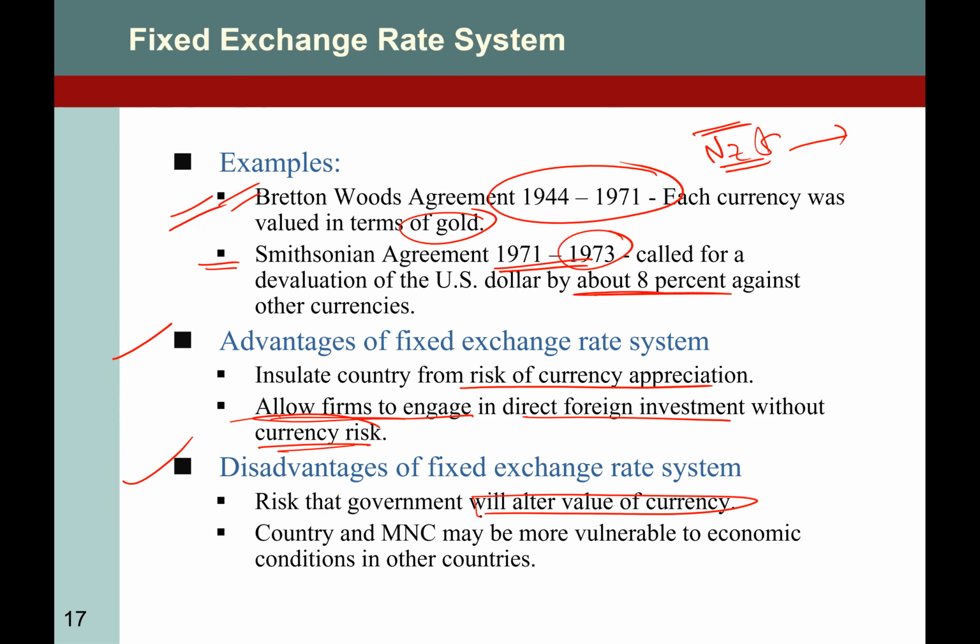If the government says that we are going to revalue upward or downward, then only then is there currency risk. Government announcements are sudden, and you have already invested in that country and are expecting a huge return. If during this period the government revalued upward or downward, maybe the outcome is not according to your expectation.